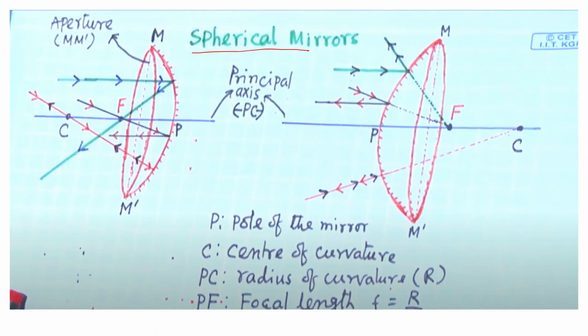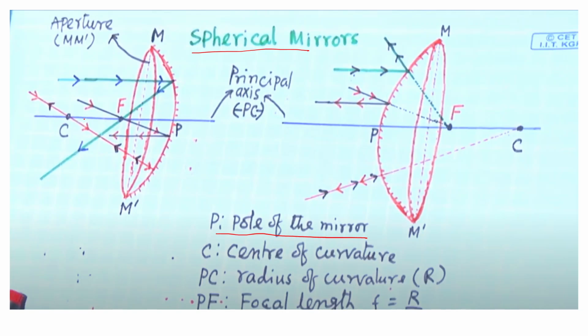Now the mirror is considered vertically. If you draw an imaginary line passing through the center of curvature and the mirror, where it crosses the mirror is called the pole of the mirror, usually denoted by capital P.